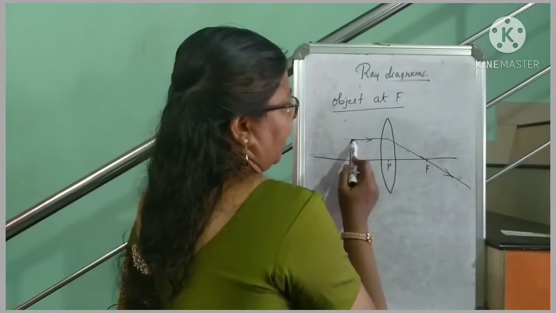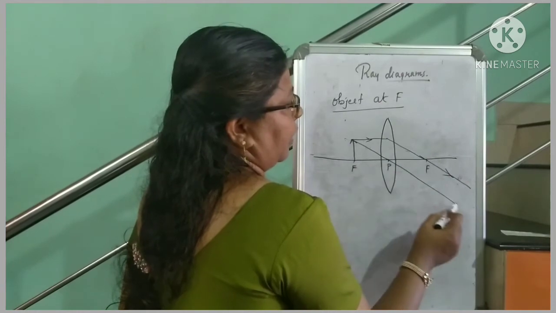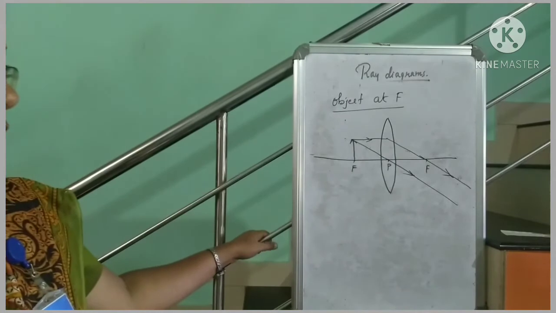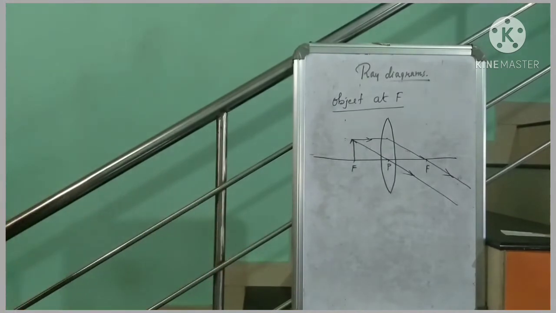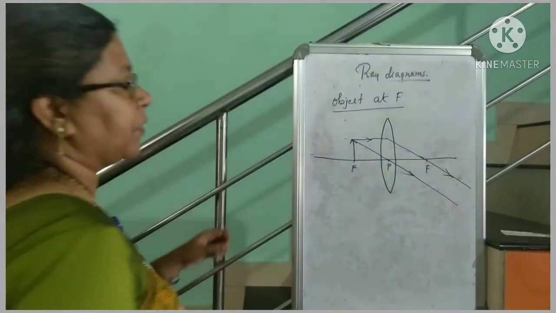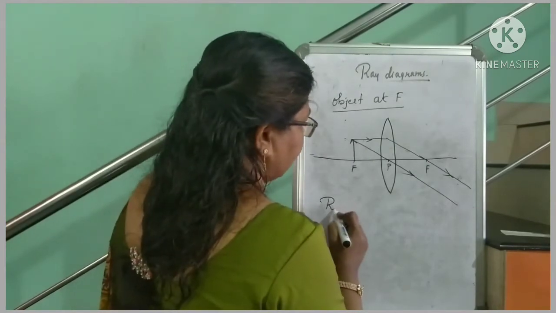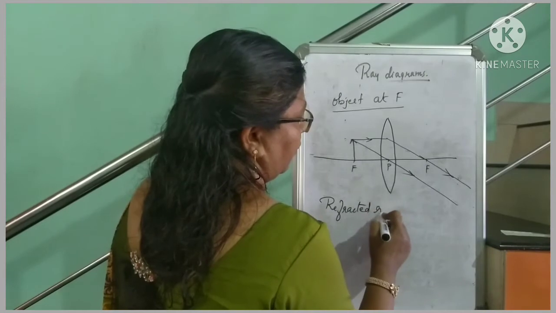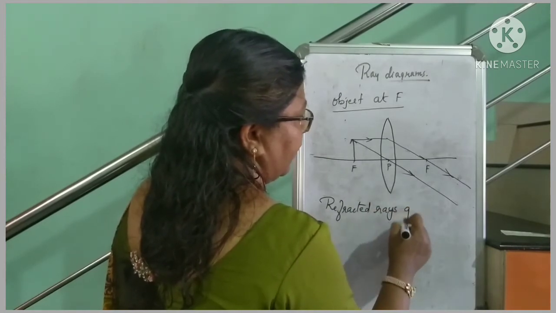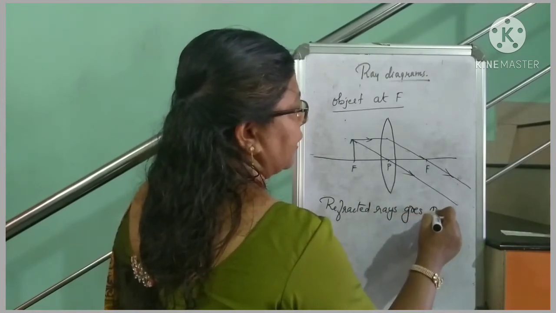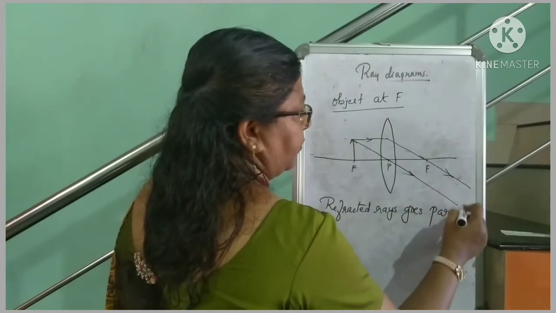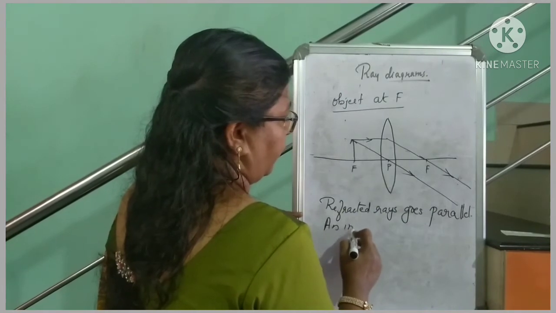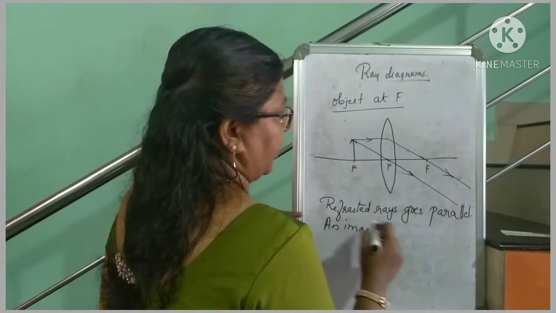Then a ray of light passing through the optic center will not have any deviation. So what happens here? The refracted rays go parallel and the image is obtained at infinity.